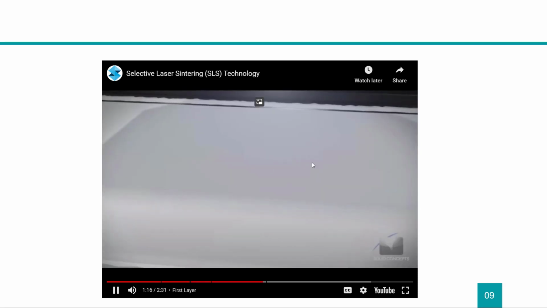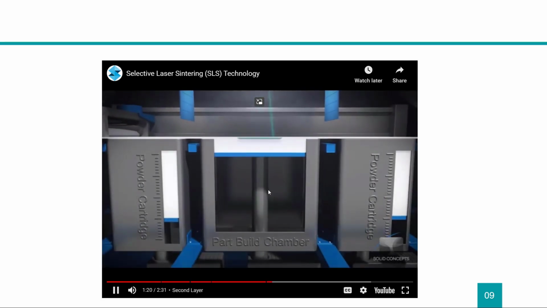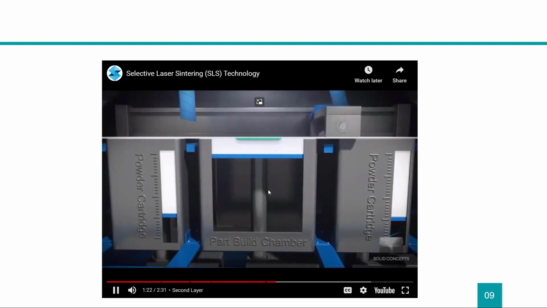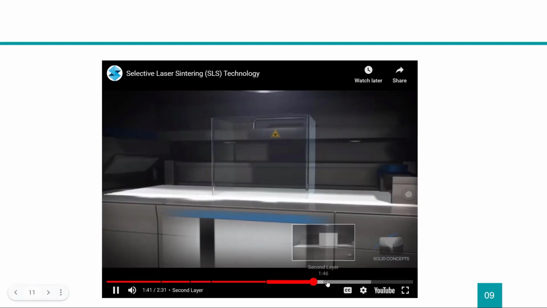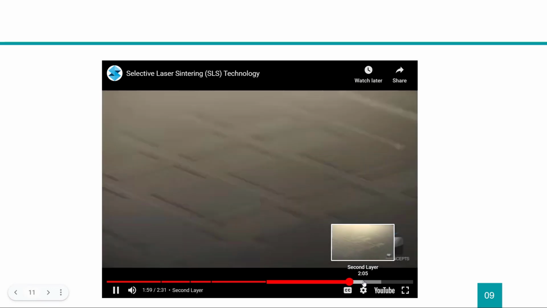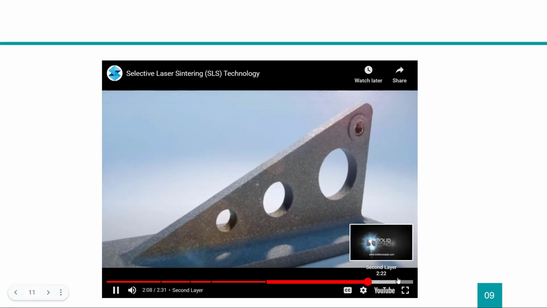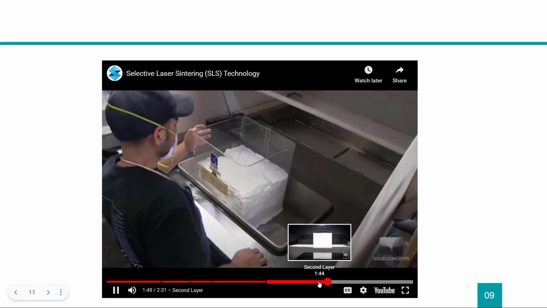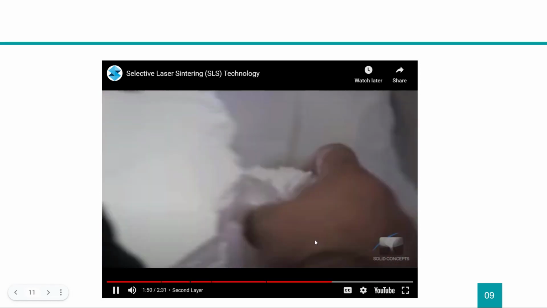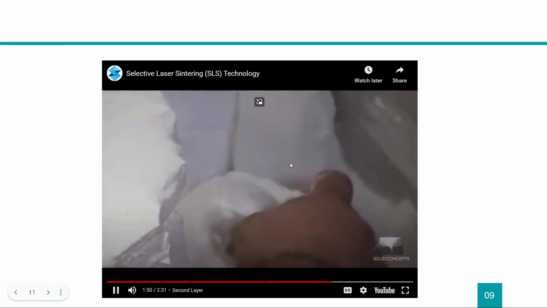There's a narration within the video explaining how it works. I'm just going to be skipping. So there's a product from SLS. You can see the powder.